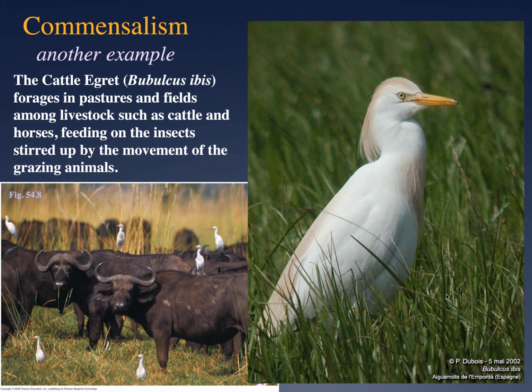One of the other commensalistic relationships that I'm even happier about, that I think are really good examples, are cattle egrets. So sure, here sometimes cattle egrets hang out on the back of cattle, but the way they eat is that cattle egrets wait around for the herd of cattle or whatever it is that they're following to stir up the insects in the grass. So as the mammals are moving about in this grassy, weedy system, they're going to stir up insects, and the egrets are going to be right there ready to eat the insects.